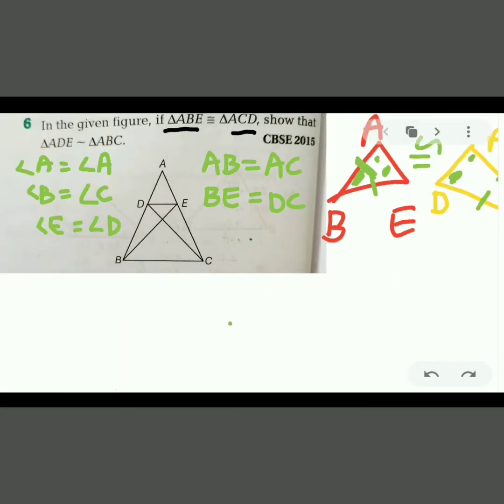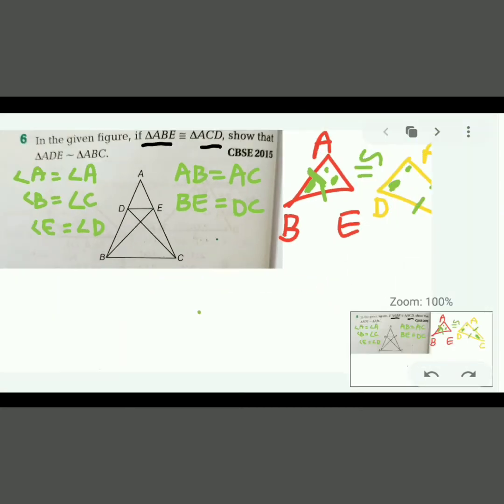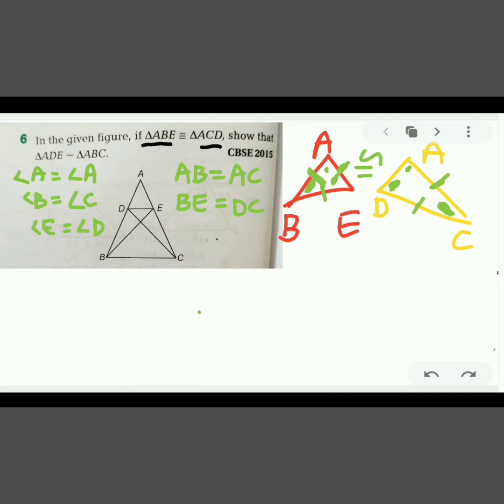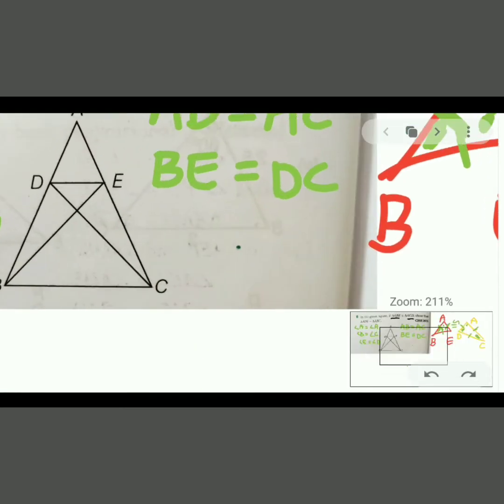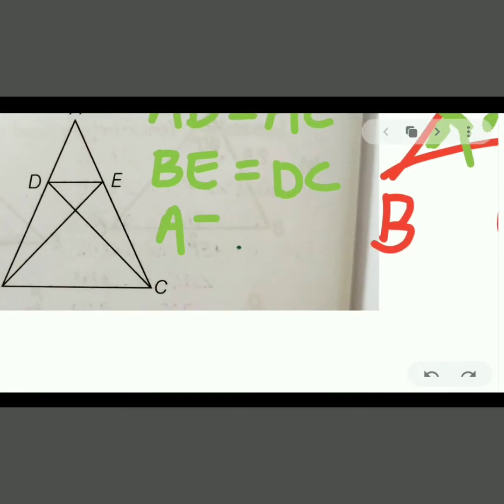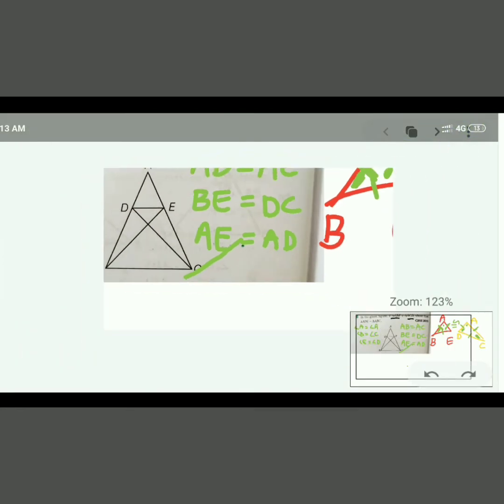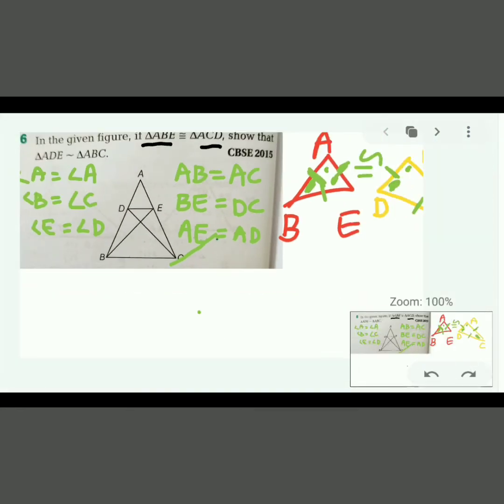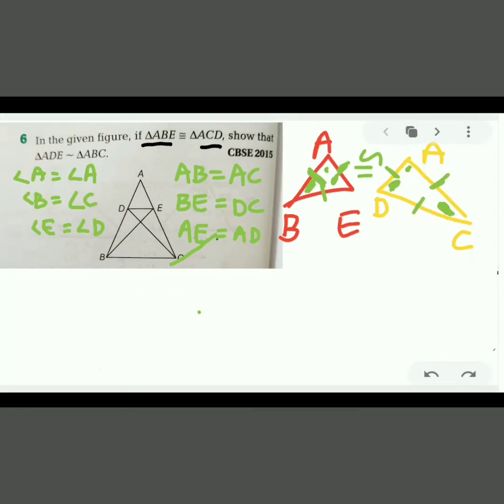And the third side that we can write is AE is equal to AD. So here we have written all the 6 parts of these two congruent triangles, and this is given to us. So this is our given.